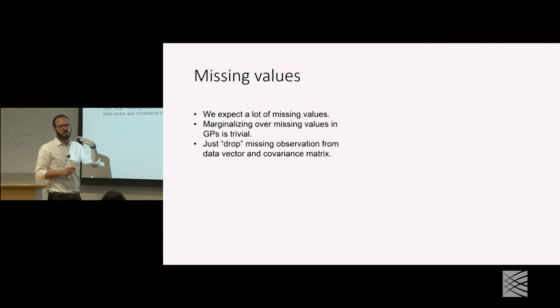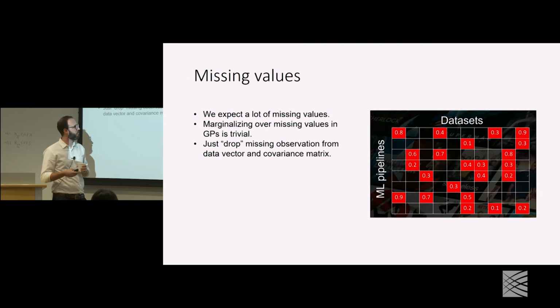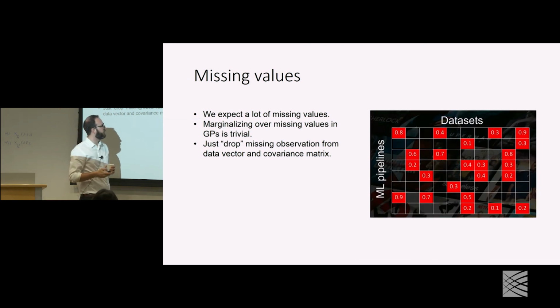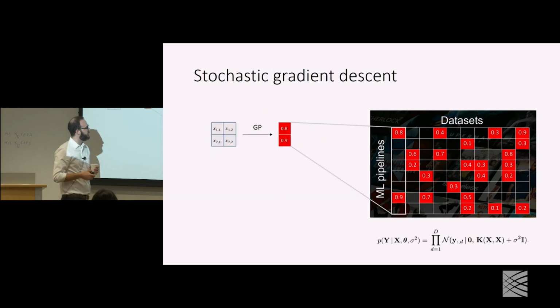And we can do that because all our observations are missing at random, so this is a nice setting to be in. So we can just drop missing observations from the data vector and the covariance matrix and actually enjoy a nice speed up, because now we don't have to compute on giant vectors anymore, but we can just subsample the data. And that's exactly what we do.